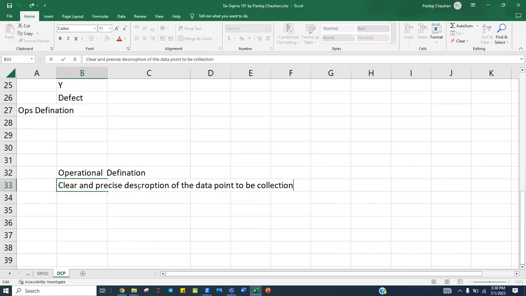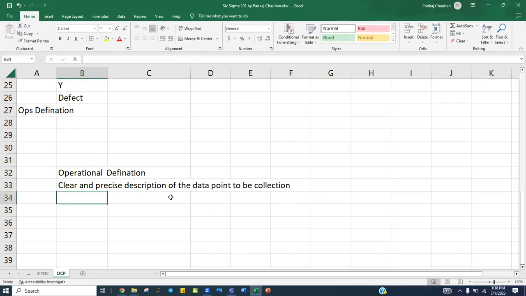Let me ask you one simple question: how much time will you take to reach the airport? Based on your assumption of where we are sitting and how many kilometers the nearest airport is, you will say this much time. But actually, I did not ask you which airport you are supposed to start from.